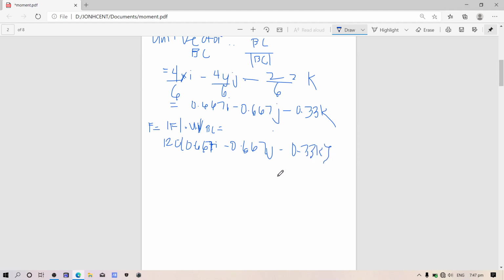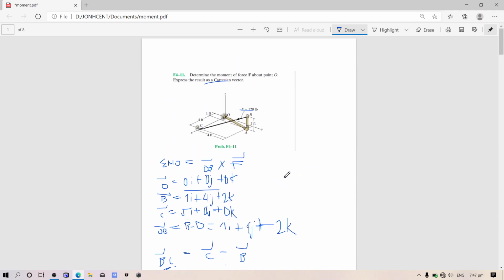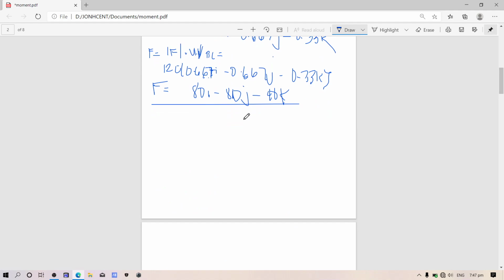Okay? So, makukuha nating F is equal to 80i minus 80j minus 40k. So, yan yung F as a Cartesian vector. Okay? So, sabi Cartesian vector.